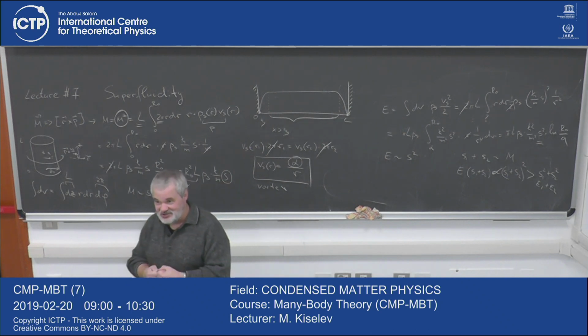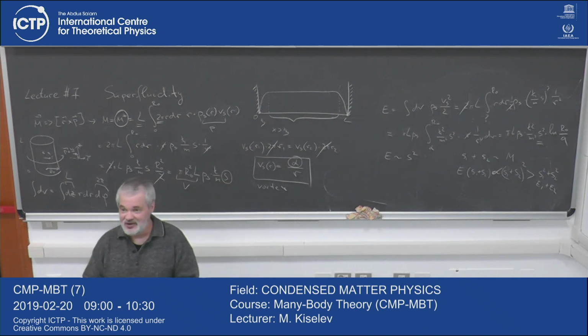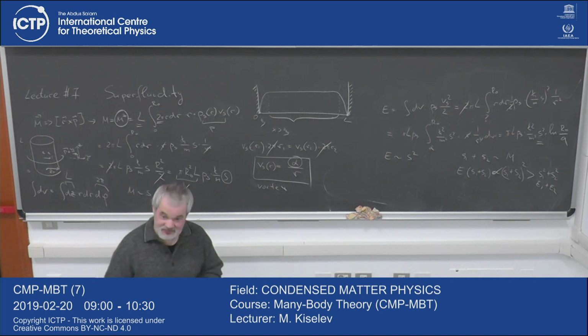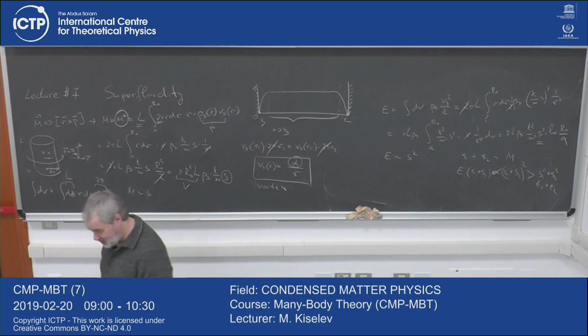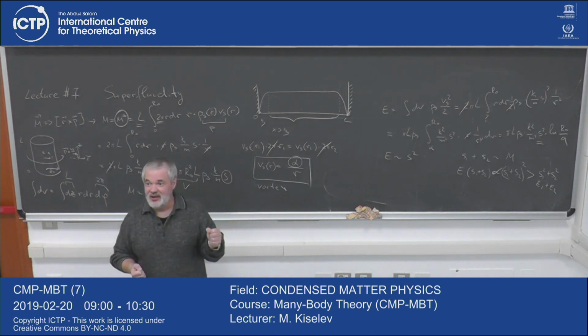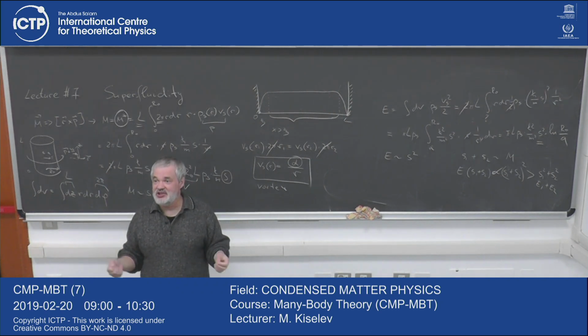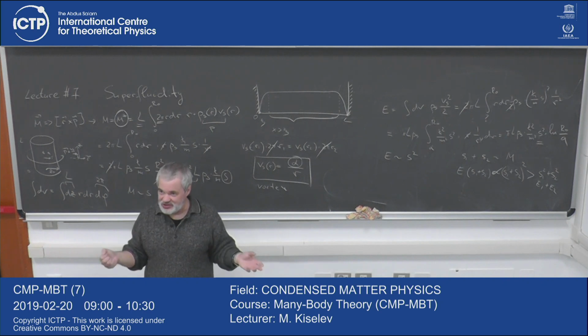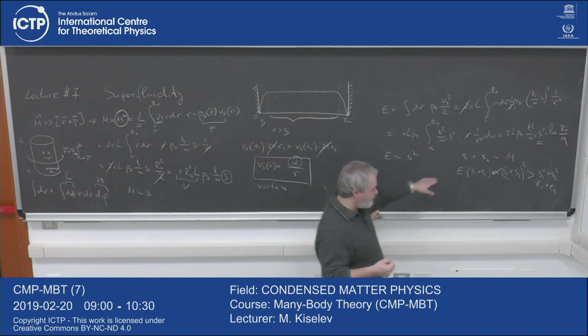Therefore, the vortices repel themselves. So the interaction between vortices is repulsion. It's not attractive. Okay? And therefore it's energetically unfavorable to create vortices with large momentum, with large numbers.